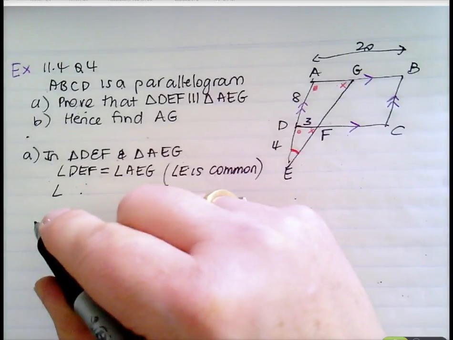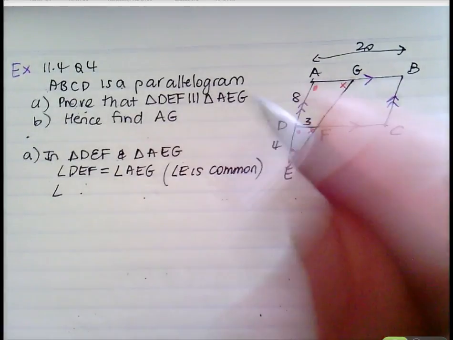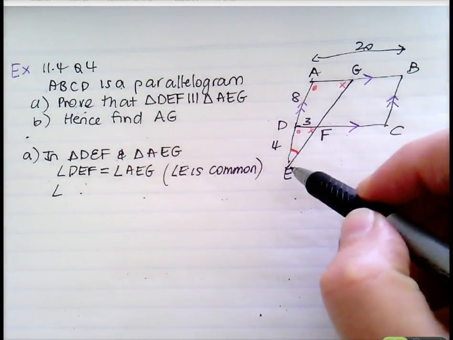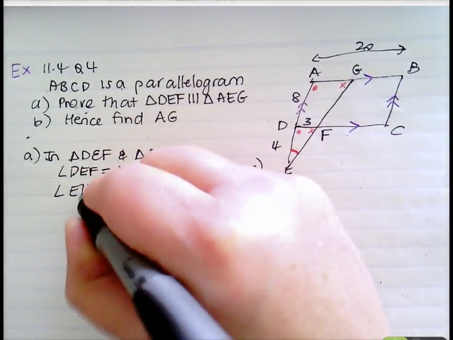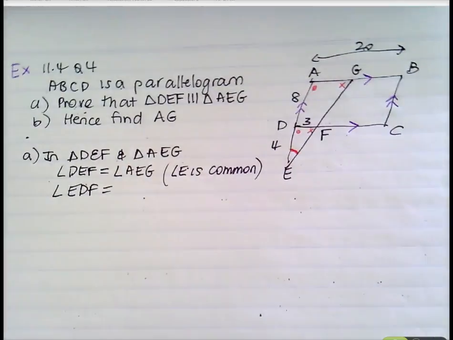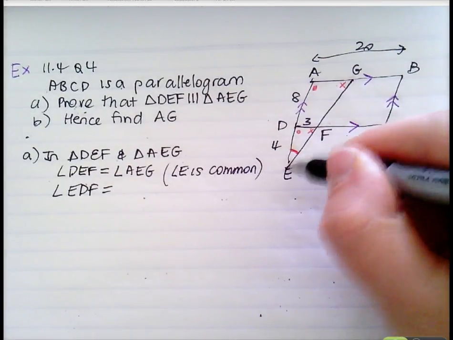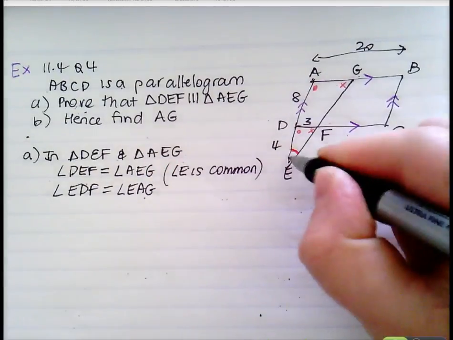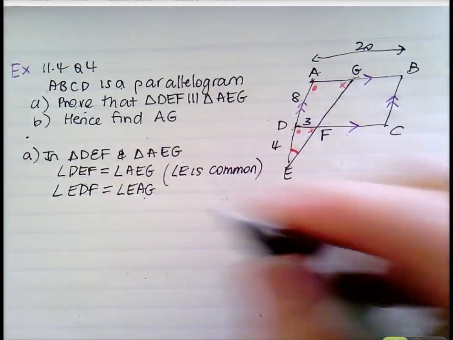The first triangle has to be the small triangle, DEF. So angle EDF is the dot. Describe the dot in the other one: EAG. Did you get that? EDF, EAG.